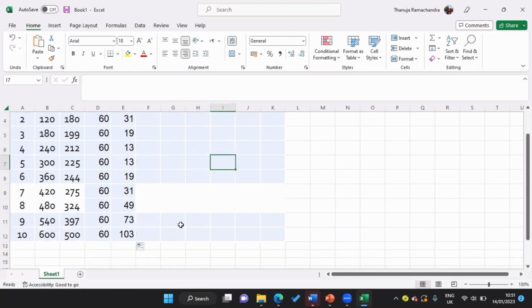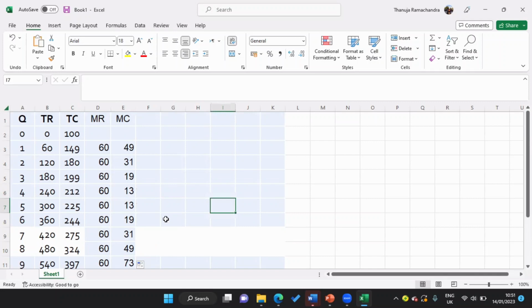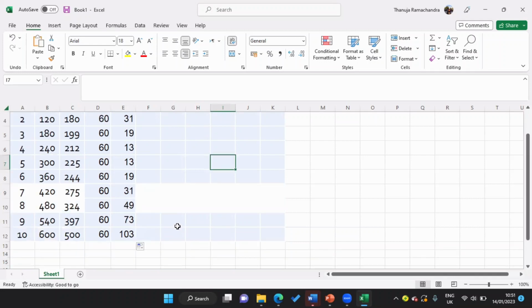Now the question is whether there is any output level where MR is equal to MC. That is the profit maximizing condition, that MR is equal to MC. Can you see any point where MR is equal to MC?